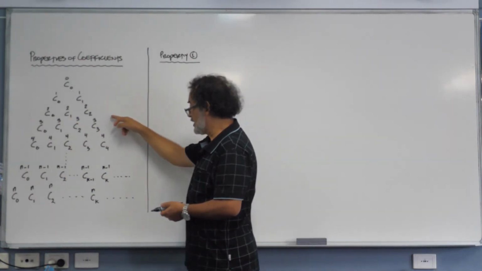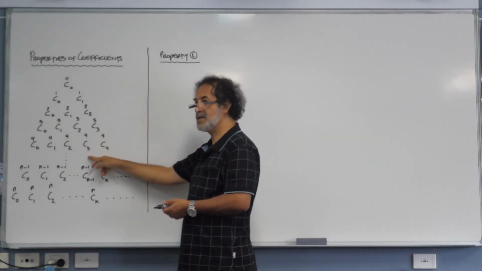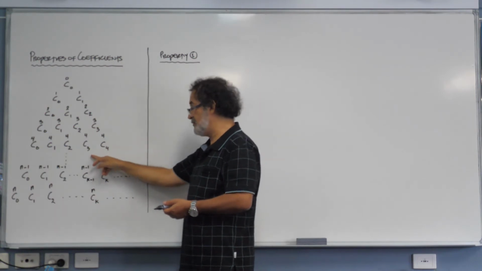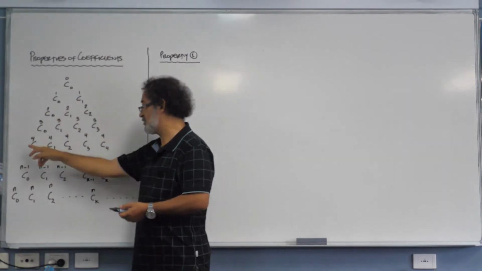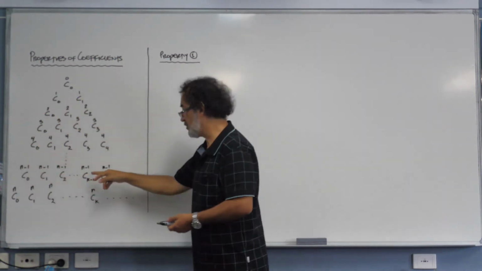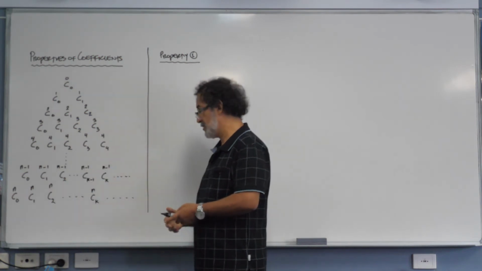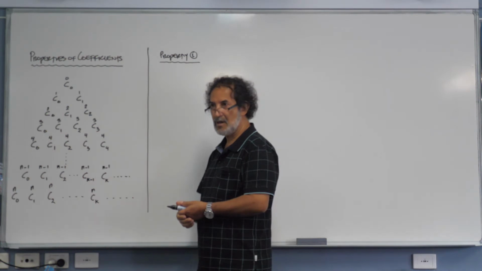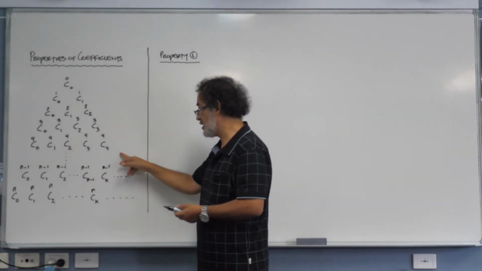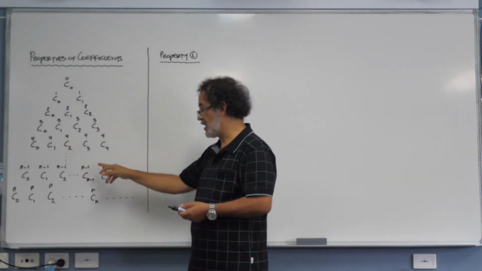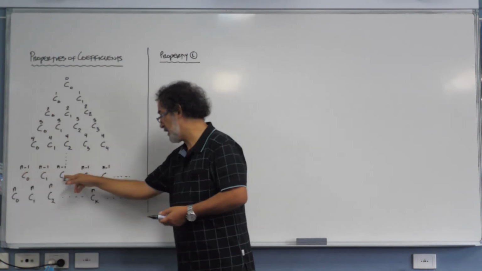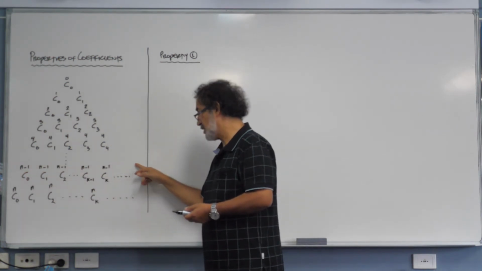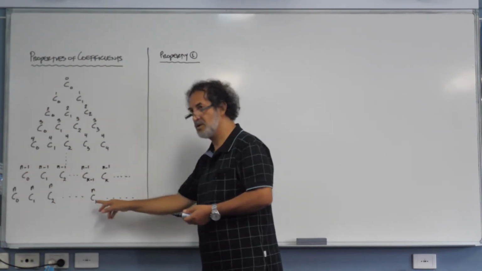So if you continue with this, you're gonna have this. And here I did it all the way up to 4. Okay, but then if you continue, up to some point where the power is n minus 1, then you're gonna have this. And then with the power equal to n, then you're gonna have this.